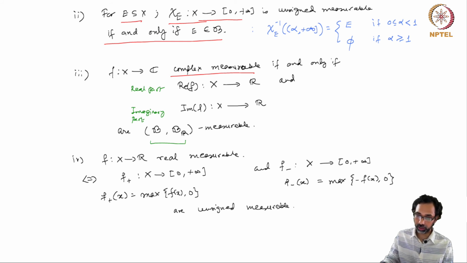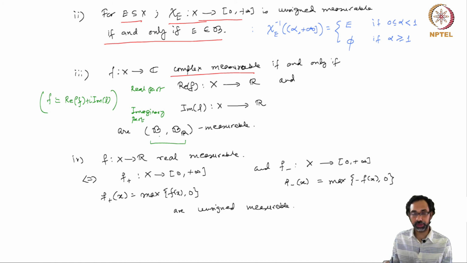So here f is written as Re f plus Im f times the complex number i. In this case, the real part and imaginary part are measurable with respect to the Borel sigma algebra on R and the given sigma algebra B on X, and we also call it a real measurable function.